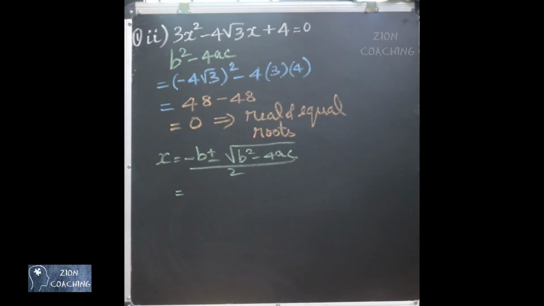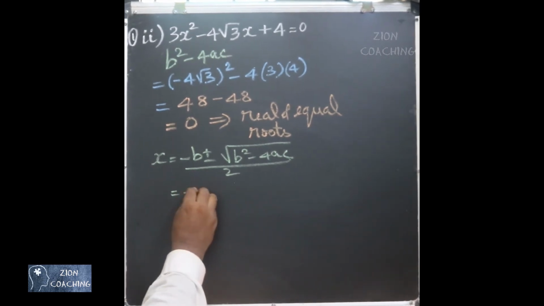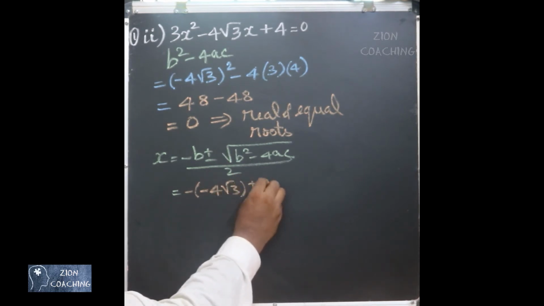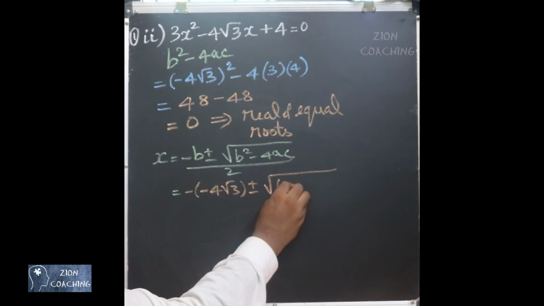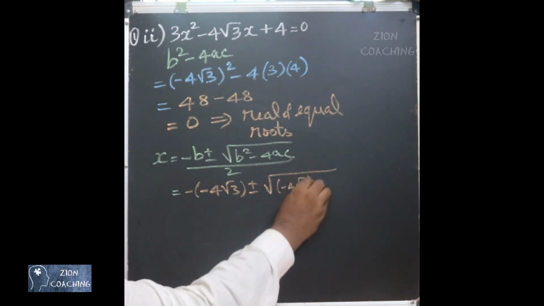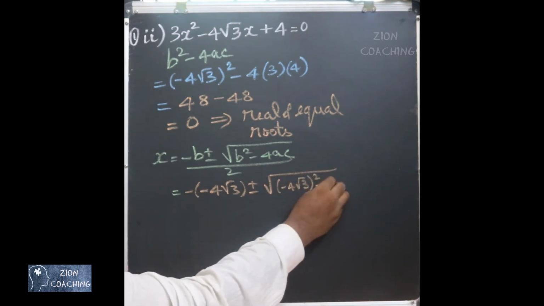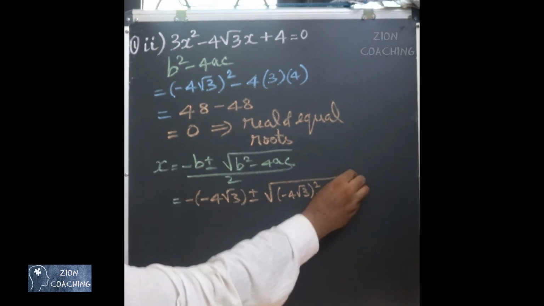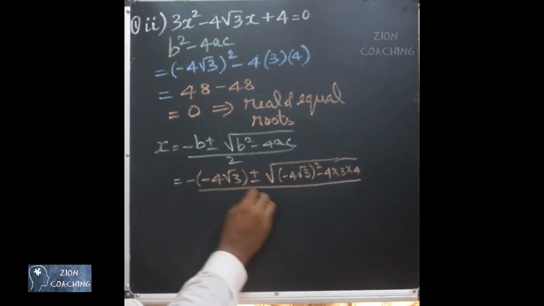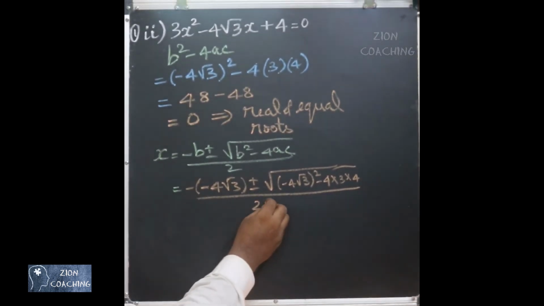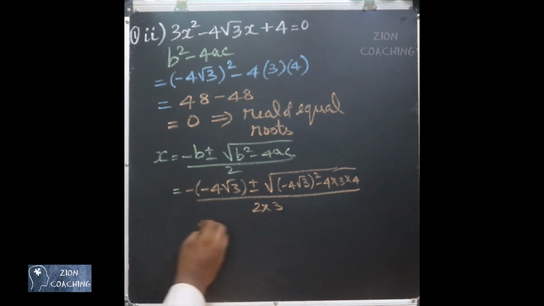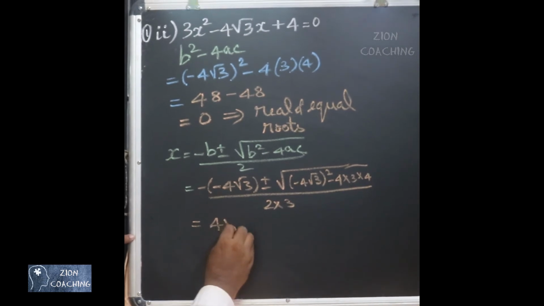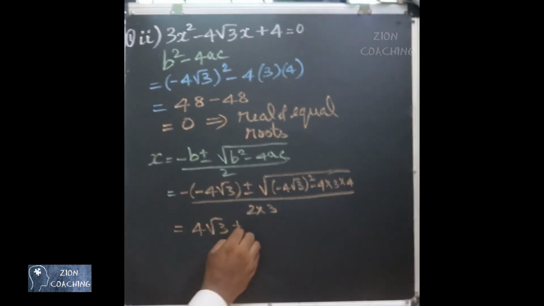So that is, substituting the values we get minus of minus 4 root 3 plus or minus root of minus 4 root 3 the whole square minus 4 into 3 into 4 divided by 2 into a value, that is 3. So we are going to have minus into minus will become plus. So we will have 4 root 3 plus or minus.